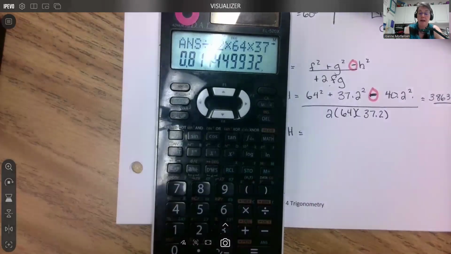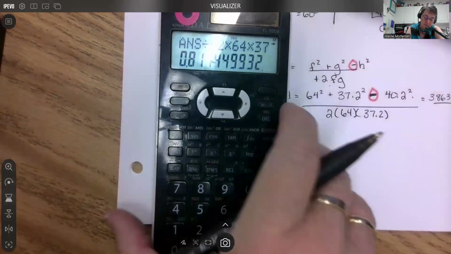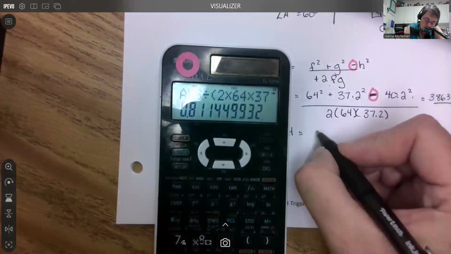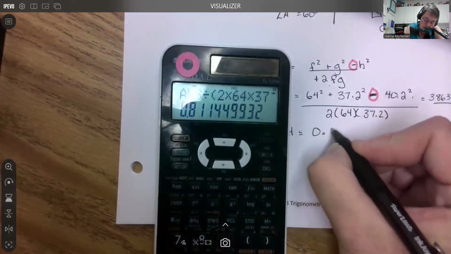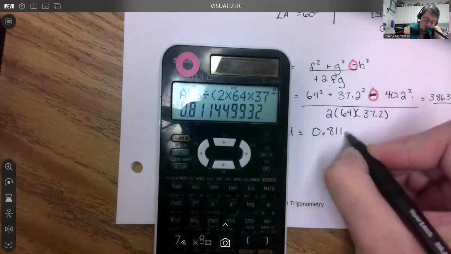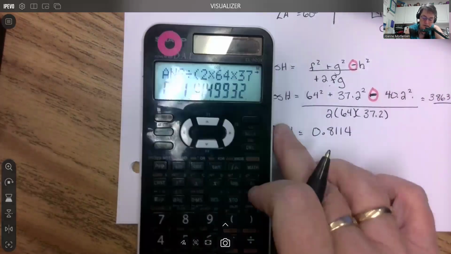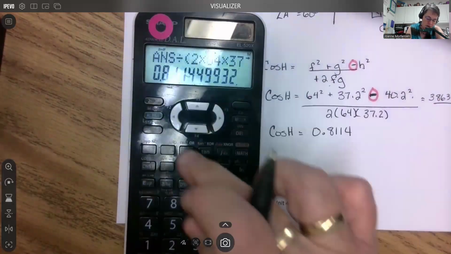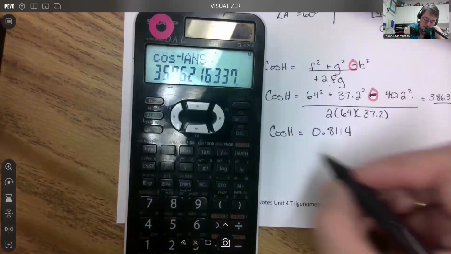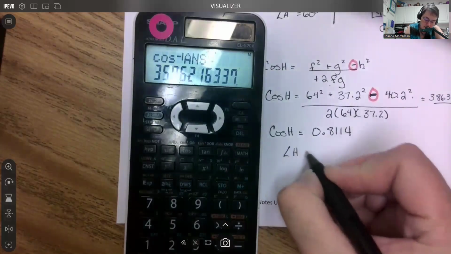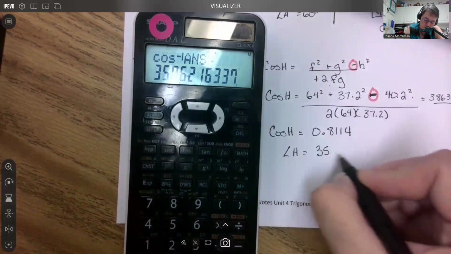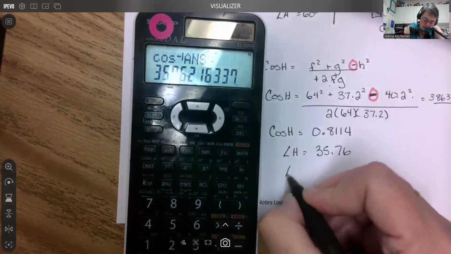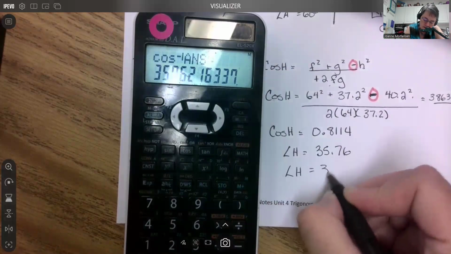I don't know what happened, but aha, it worked this time. 0.8114. And now I'm going to do shift and cos and equals. Angle h is 35.76. Angle h is equal to 36 degrees.